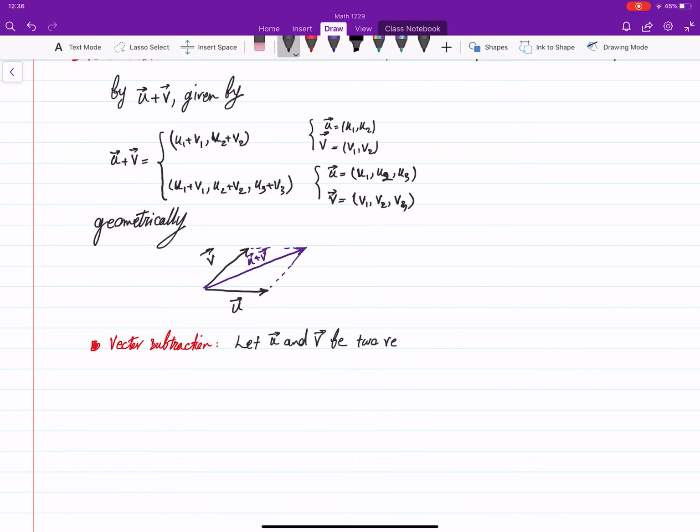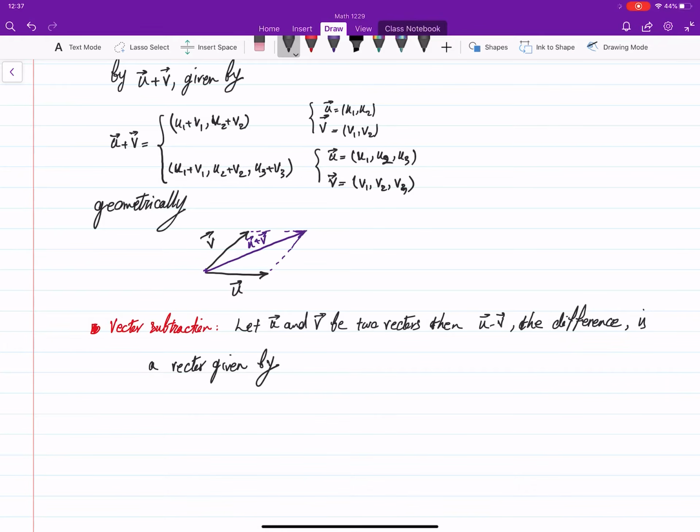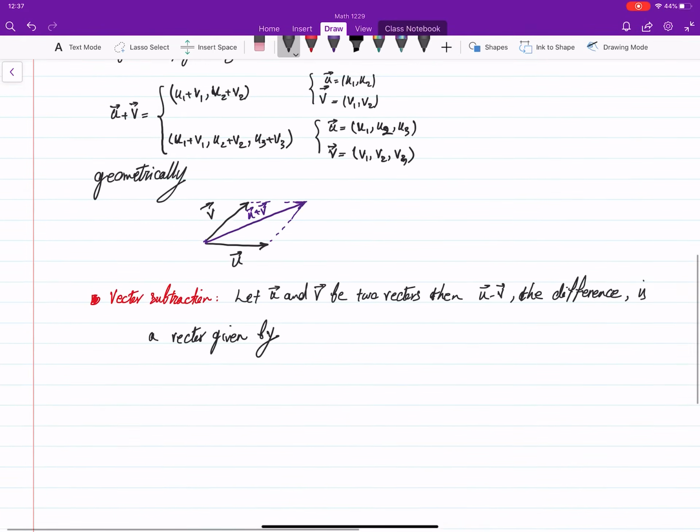Two vectors, and then u minus v, the difference, is a vector given by, well, what I can do is exactly the same thing as before.